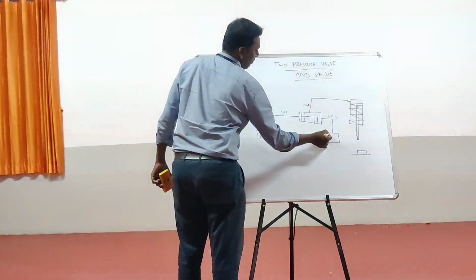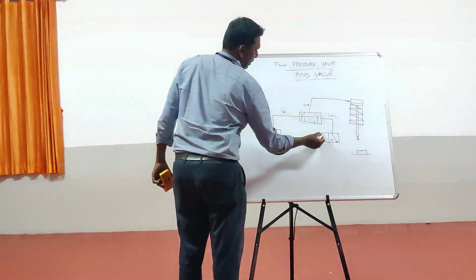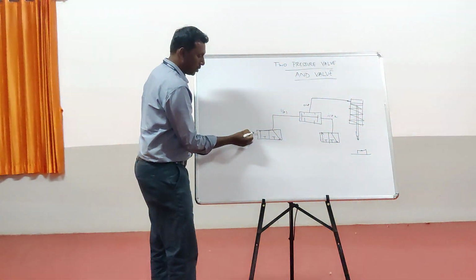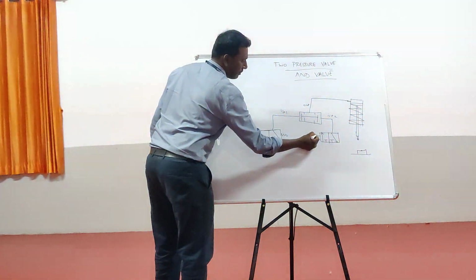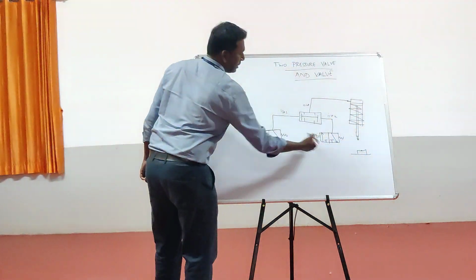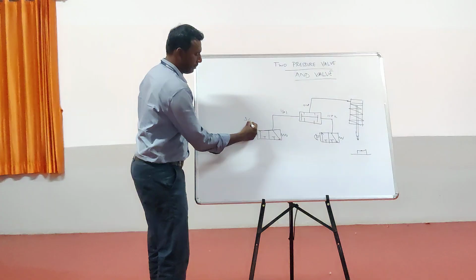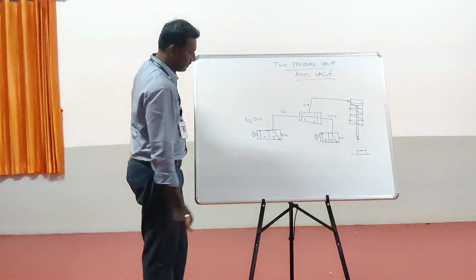The DCV can be operated with a solenoid actuator, pilot operator, push button or lever operator. Here I am going to use the push button operated DCV with the spring return mechanism. So this is the 3/2 DCV, direction control valve.